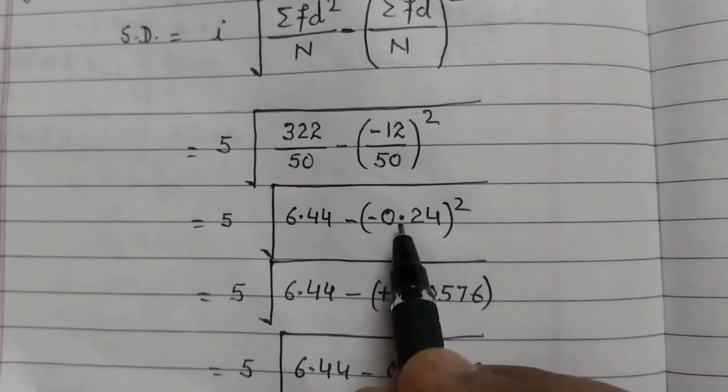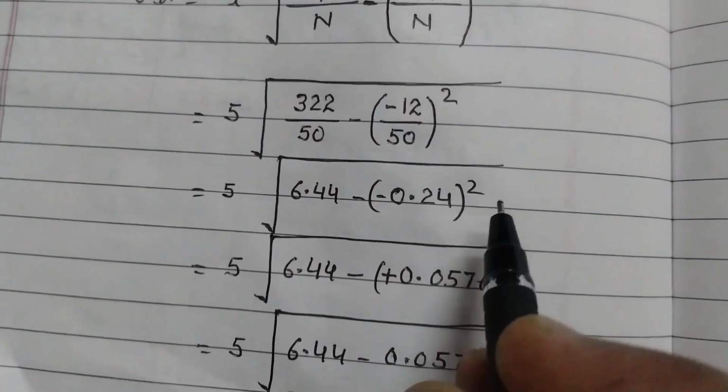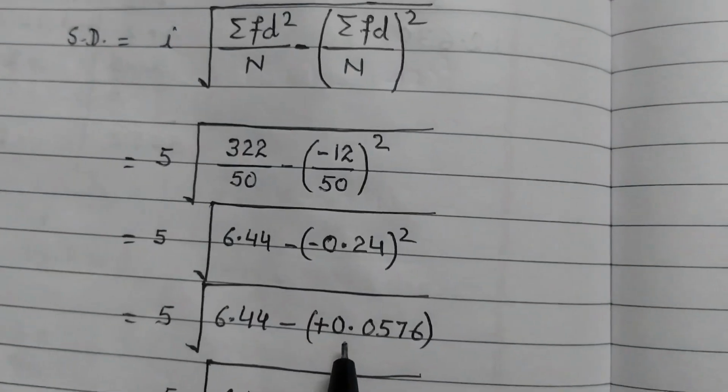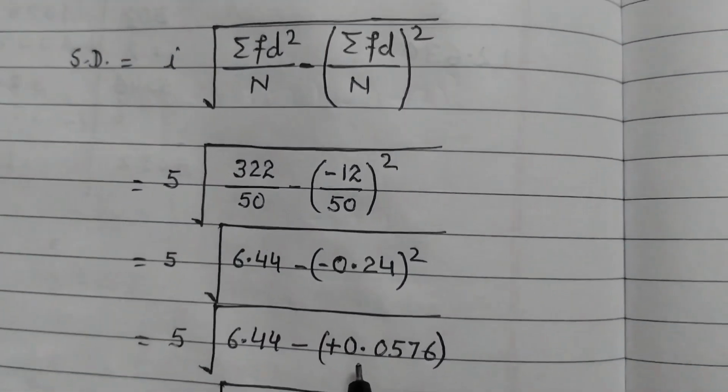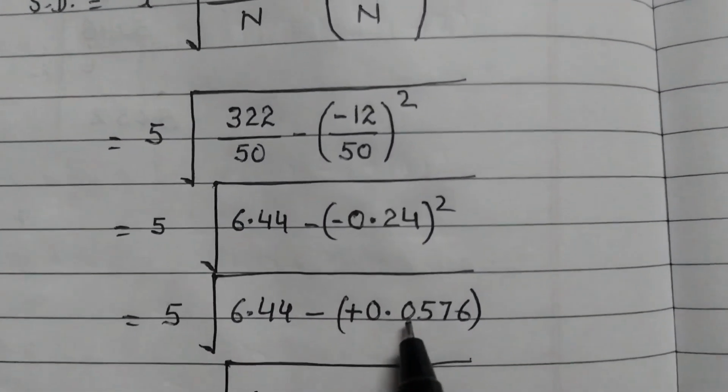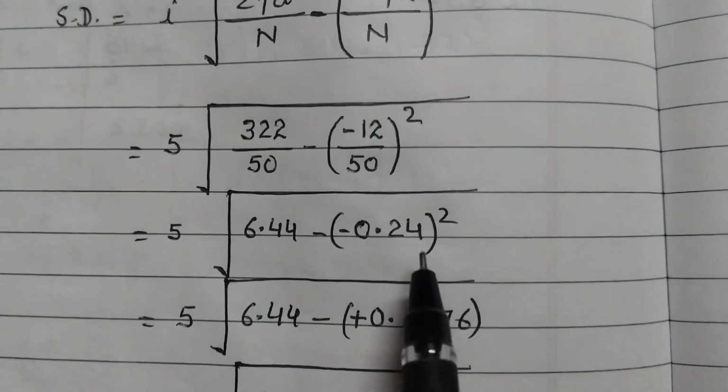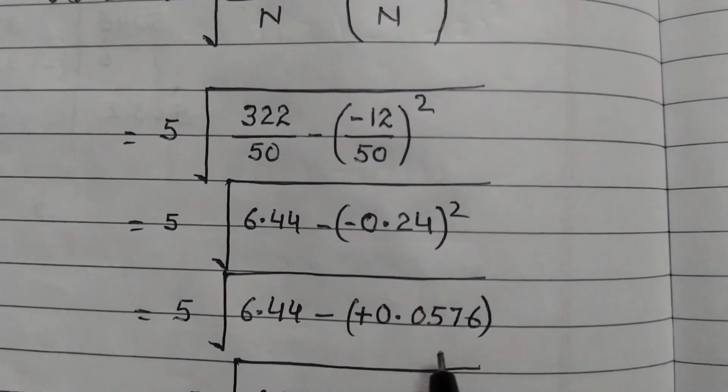So minus 0.24 whole square is equal to 0.0576. Square of 24 is 576.